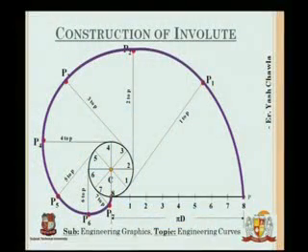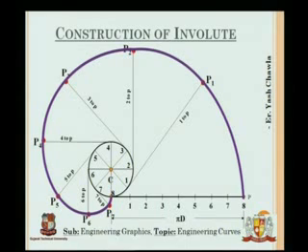So you always have to divide the length of the string given by the circumference of the circle, which will give you how many turns there will be in this involute. You have to make sure that the number of turns is done perfectly. This is the involute that is being constructed.